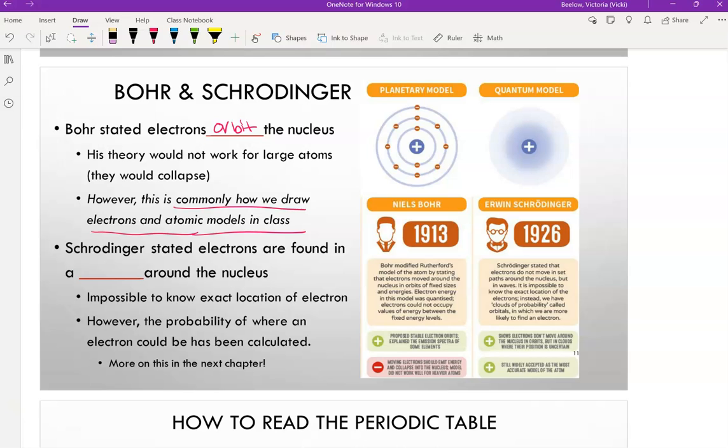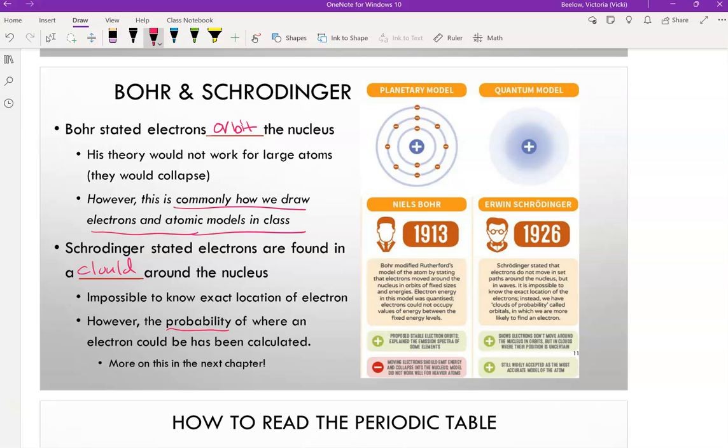And that's where our most recent model comes in, the quantum model, Schrodinger's model. He stated that electrons are found in a cloud, which we're going to talk about next in chapter 4. We're going to talk about these clouds. So rather, electrons are in this area, but it's impossible to know their exact location at any time.